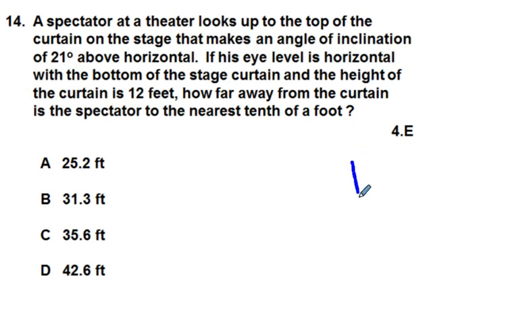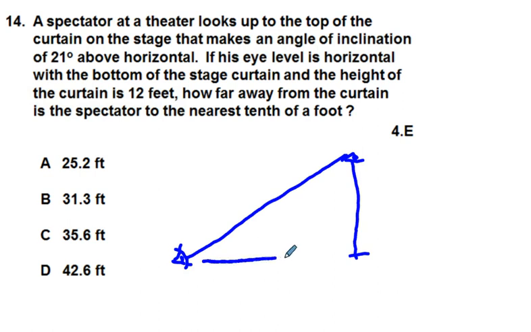So here we have a curtain over here, and a spectator whose eye is right here and looks up here at the top of the curtain. Okay, so there we go.